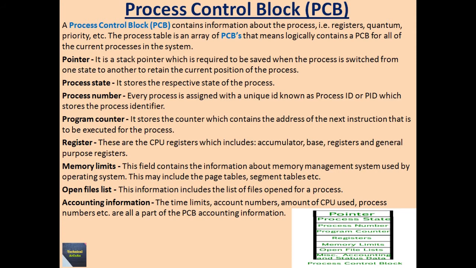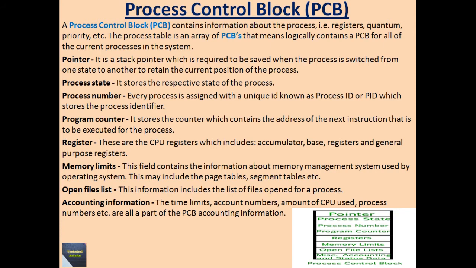It stores the respective state of the process. Next one, process number. Every process is assigned a unique ID known as process ID or PID, which stores the process identifier, right? Next one, program counter. It stores the counter which contains the address of the next instruction that is to be executed for the process. Next one, register.